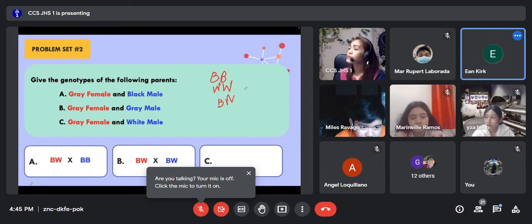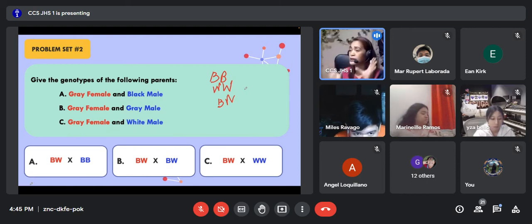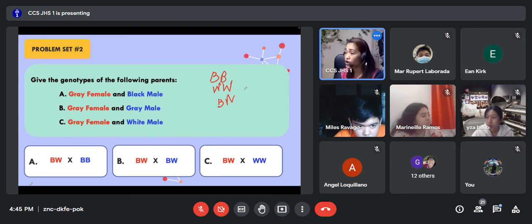How do you write it? BW and WW. So, more or less, again, this is the crucial part because once you don't get this correctly, the next step will be very difficult for you because, of course, these are the codes that we will use on the Punnett square.